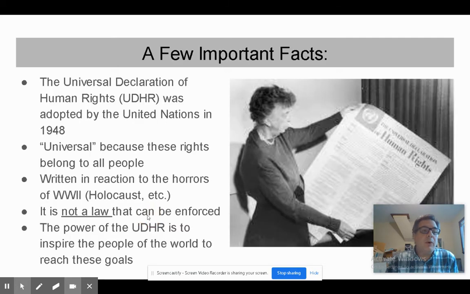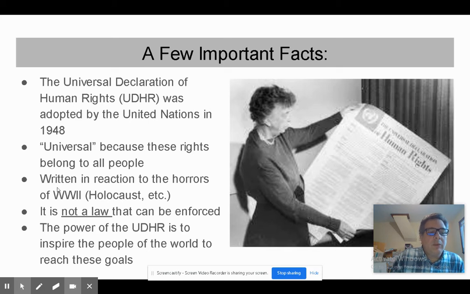Okay, there are a few important facts. First of all, the Universal Declaration of Human Rights was adopted by the UN in 1948. It's called universal because these rights belong to all people. According to the authors and the people who signed this document, these apply to everyone on Earth, and even places that aren't independent countries, if they're colonies or something like that.